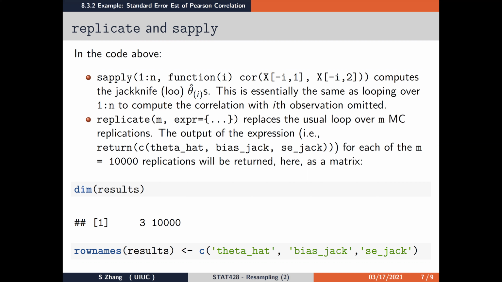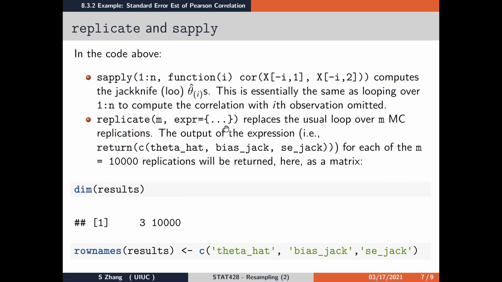The other place where we got rid of the for loop is for the replications, the 10,000 Monte Carlo replications. So we use the replicate function, where we replicate a total of m times this expression over here. So this replaces the usual for loop over m Monte Carlo replications.